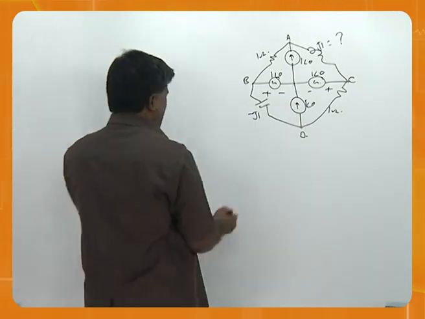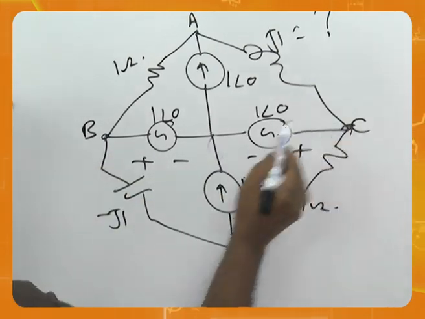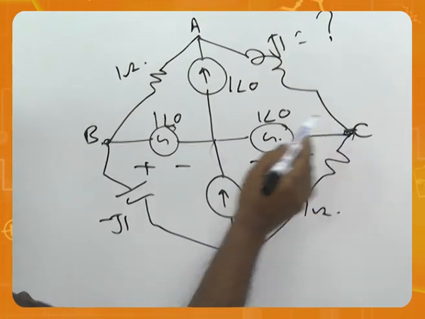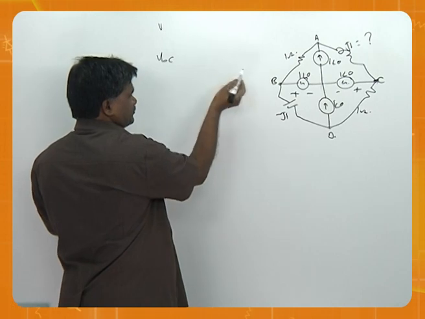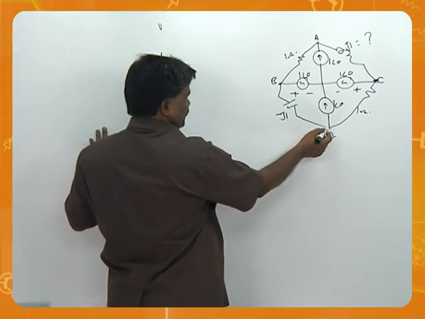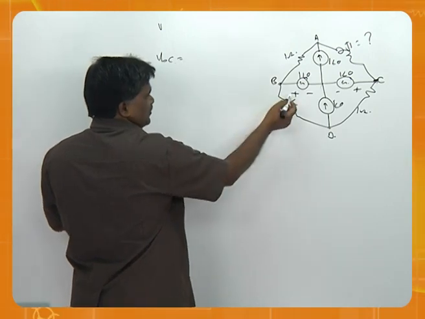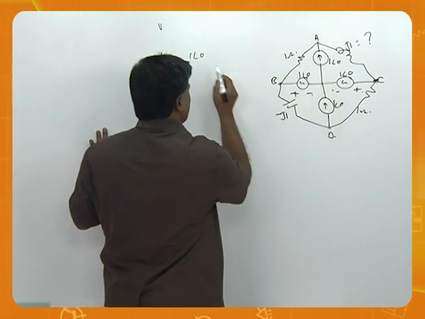For example, I am going to start here and see. How much is the voltage between these 2 points? I want to see. So the voltage VBC is, from here, minus 1 angle 0 and plus 1 angle 0.